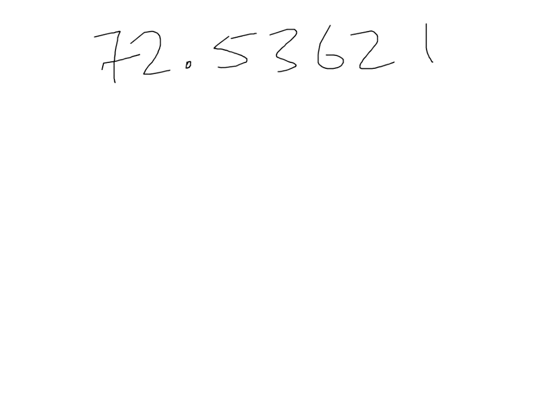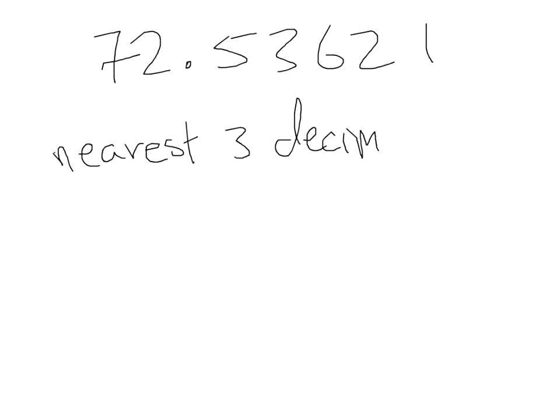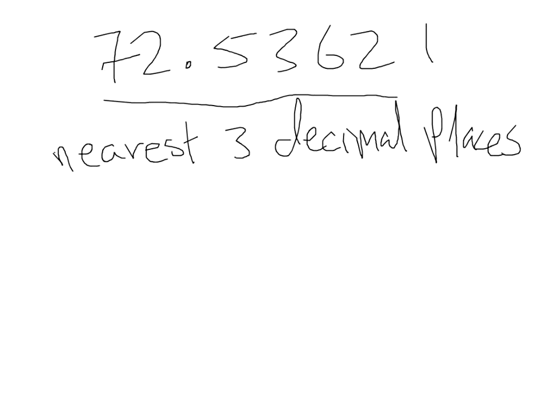If you have a number, let's say 72.53621, and I ask you to give me your final answer to the nearest 3 decimal places. Obviously you've got your whole number, which is 72.